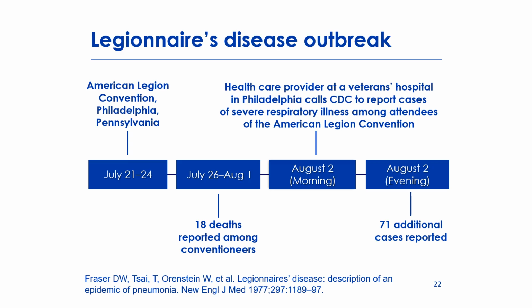The more troublesome part is that during July 26th to August 1st, after the convention ended and everybody went home, a total of 18 conventioneers who were sick deteriorated and died, reportedly from severe pneumonia.